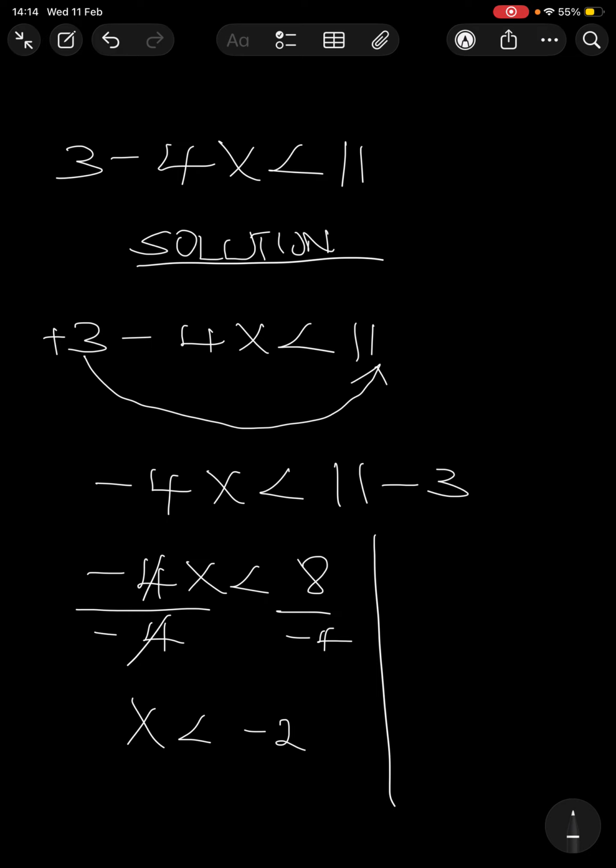So this one becomes x is greater than negative 2. Please note point 5. When you divide both sides by a negative number, you change the direction of the inequality sign.